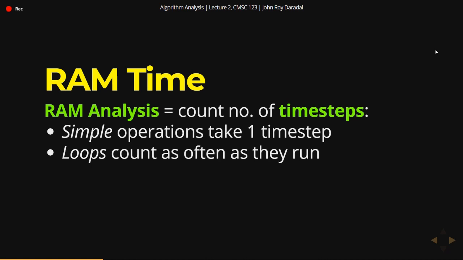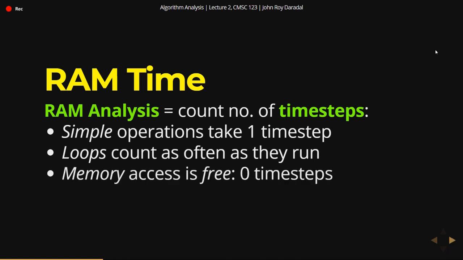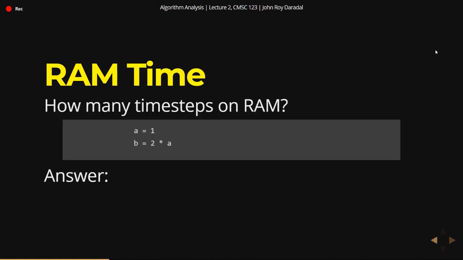So that means that for each loop, you will have to count how many times that loop is actually being iterated. And finally, memory access is free. So if you're only storing a variable value or accessing a variable value, you don't take any time step for that. So memory access is free. Okay?